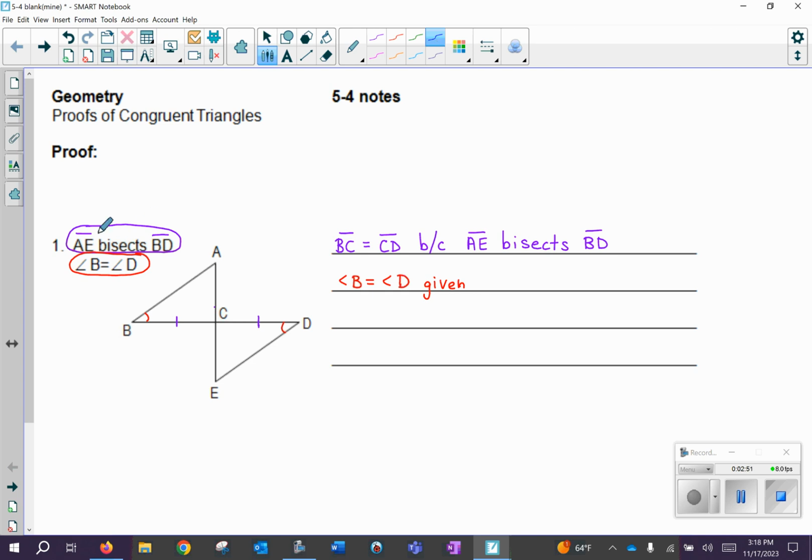I don't have any more given to me up here, and therefore I have to come up with something on my own. Remember, we're going to look a lot for shared sides if two triangles are together, and you're going to separate them. So shared sides and vertical angles. So if I'm looking at this as triangle 1 and triangle 2, right?